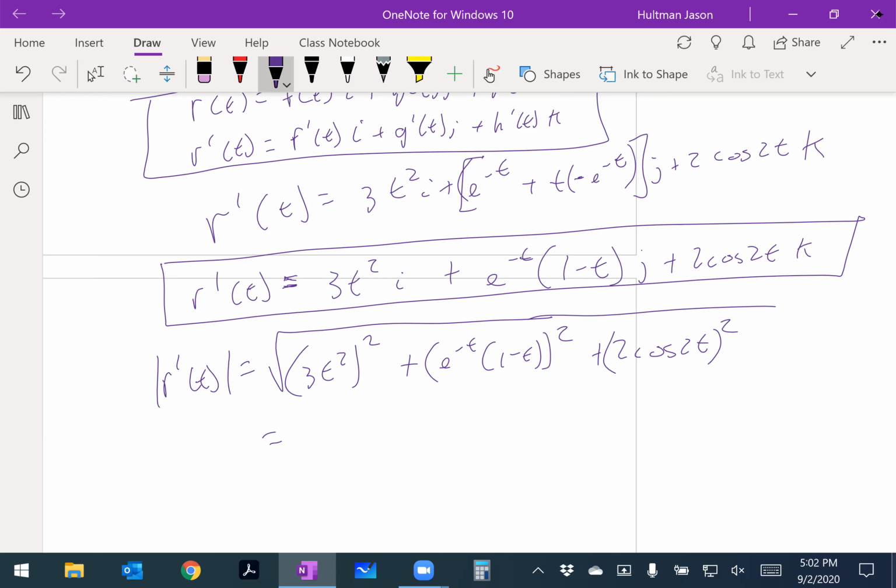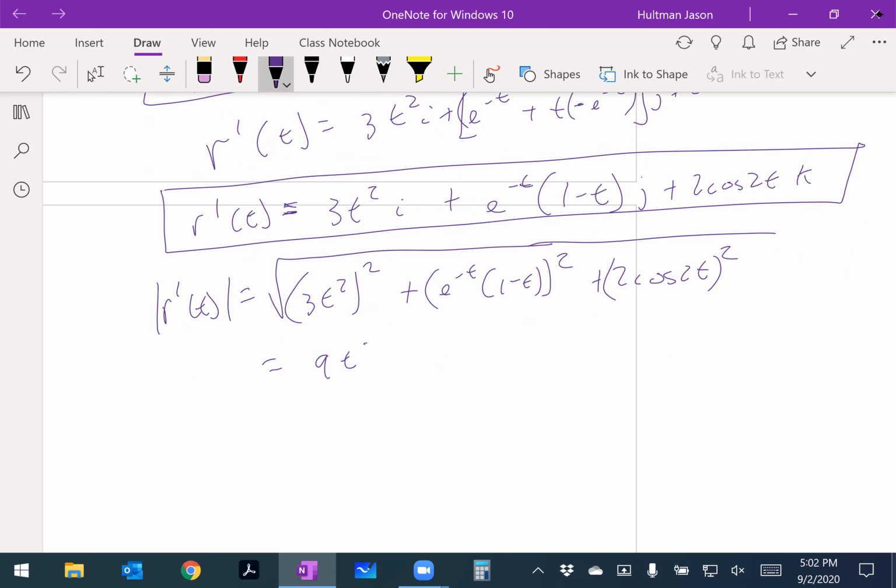So this is equal to 9t to the fourth plus e to the negative 2t times (1 minus t squared) squared plus 4 cosine squared 2t.